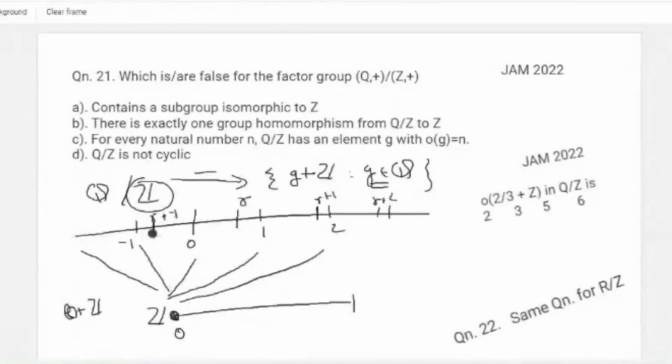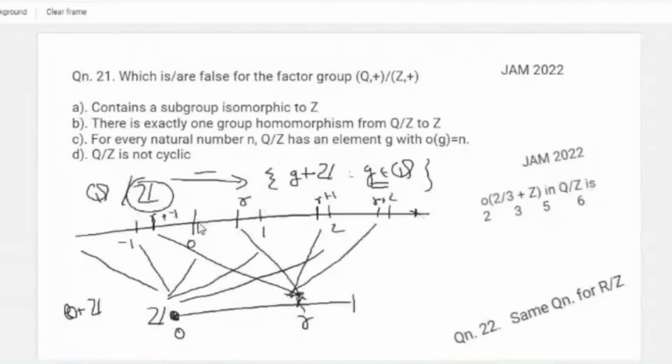You will get a corresponding element here. All those elements will go to a single coset: r plus 1, r plus 2. For a particular g, all the members in g plus Z belong to the single coset. Or if you take an r from somewhere else, you can also come back to a point in the interval.